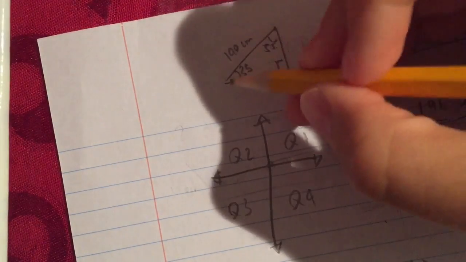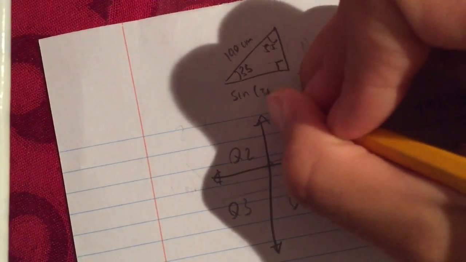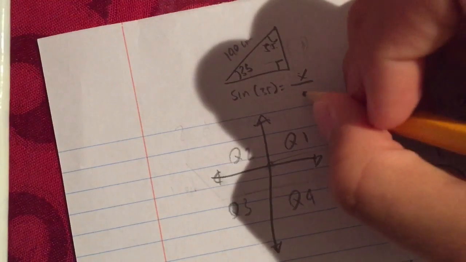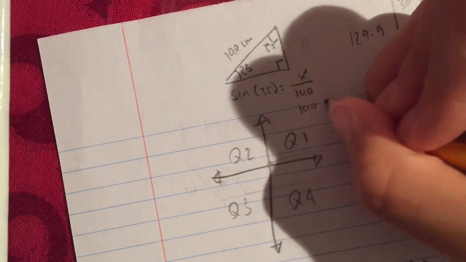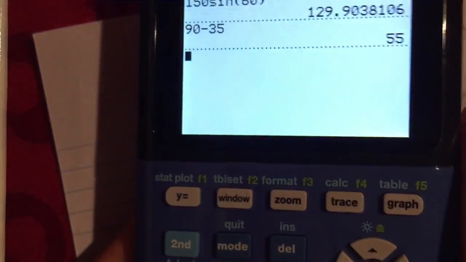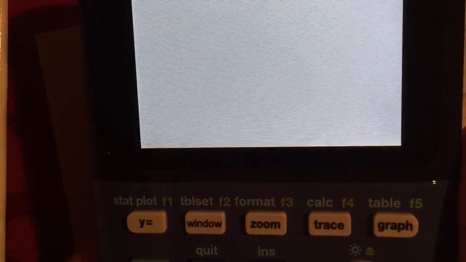And what would work? So this is opposite and then hypotenuse. So sine of 35 equals x over 140. So 140 sine 35 equals x. So just put that in your calculator. 140 sine 35.